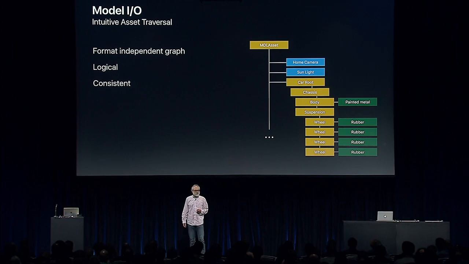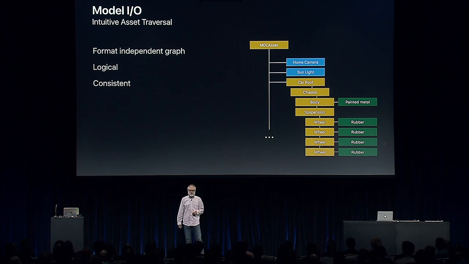Now, most importantly, Model.io gives you a consistent view on your data. So if you open up an asset, no matter what format it was originally, Model.io is going to normalize it so that as you traverse it, you can write one loop of code that's going to know how to go through all of the data in a consistent way every time and for every asset that you ever load.